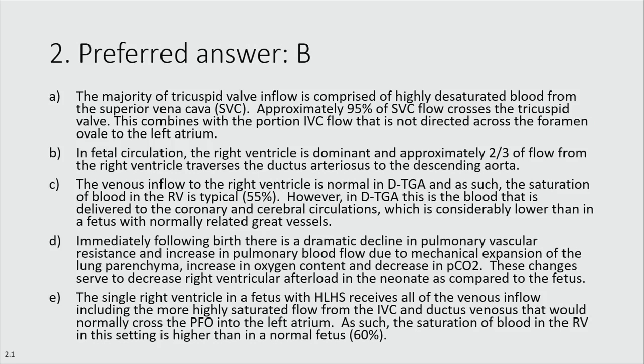And option E was incorrect, because the single right ventricle in the fetus with hypoplastic left heart syndrome receives all the venous inflow, including the more highly saturated flow from the IVC and ductus venosus that would normally cross the PFO into the left atrium, and as such, the saturation of blood into the RV in this setting is higher than in the normal fetus, up to 60%.